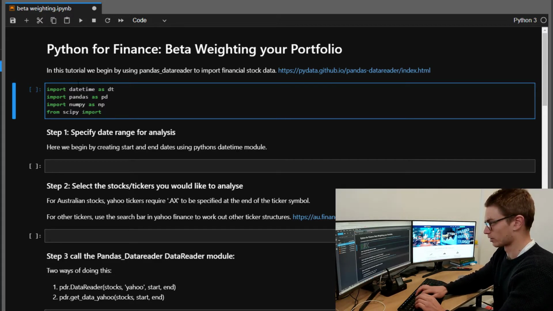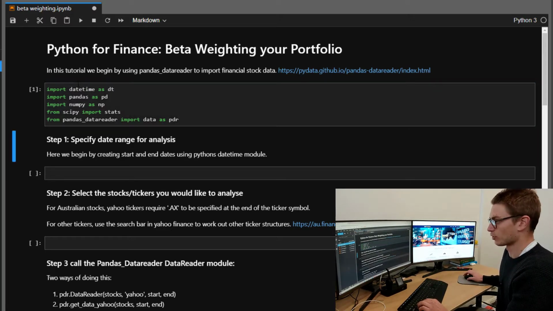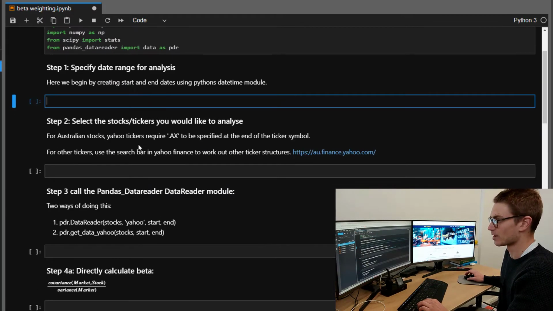We're going to import the stats module and from pandas data reader. If you don't have this last one, feel free to pip install it now, or conda install, whatever you're doing. Import those dependencies. Excellent. So next we're going to specify the date range for analysis.